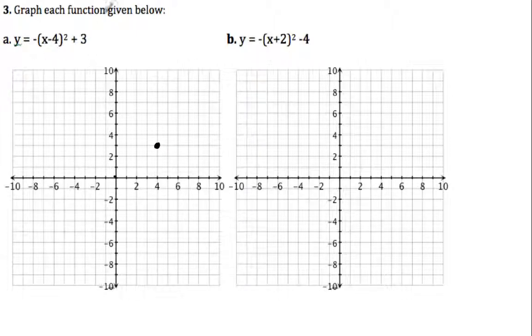Now remember, this negative means it opens down. And so what we want to do is follow this opening down pattern. We go right 1, down 1, right 2, down 4, right 3, and then down 9.